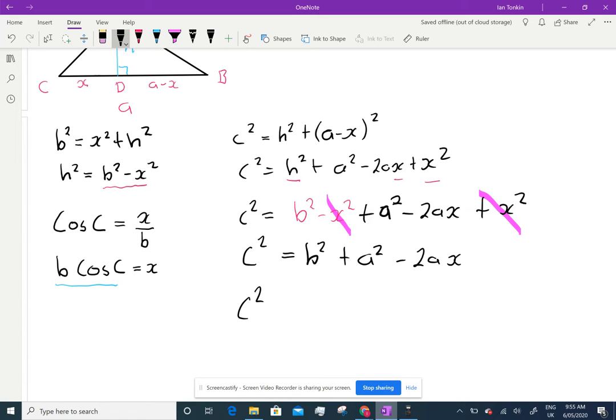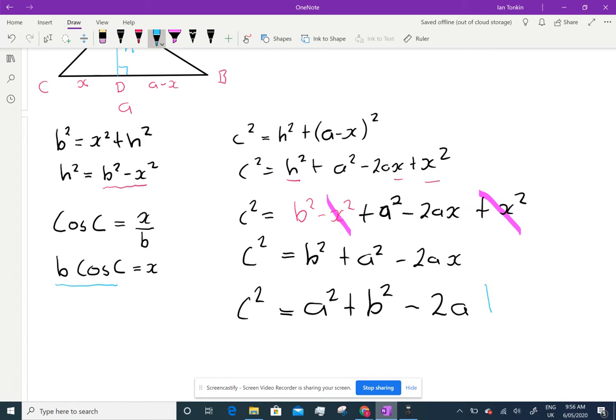So c squared equals, let's just write the a squared and b squared the other way around to keep them alphabetical. a squared plus b squared minus 2a, and what does x equal?